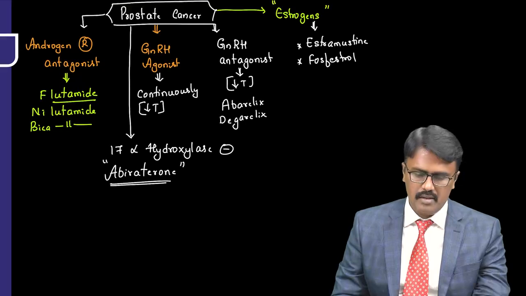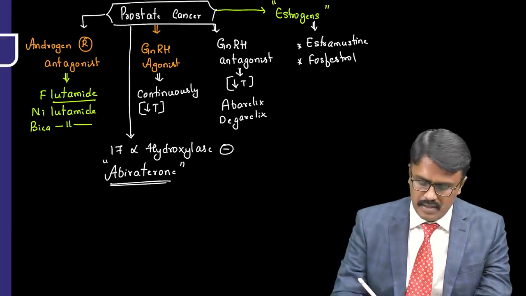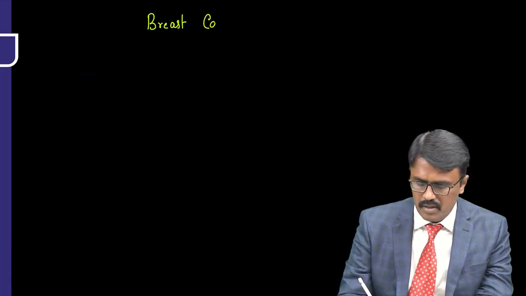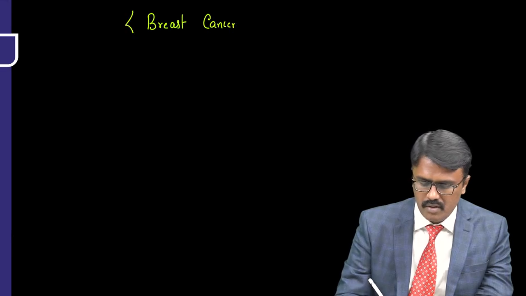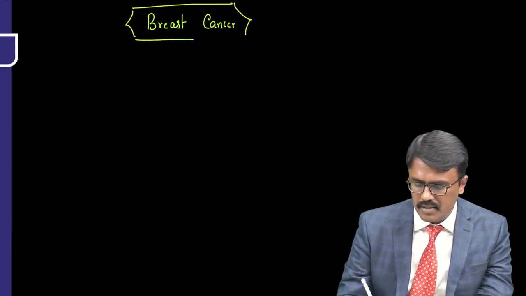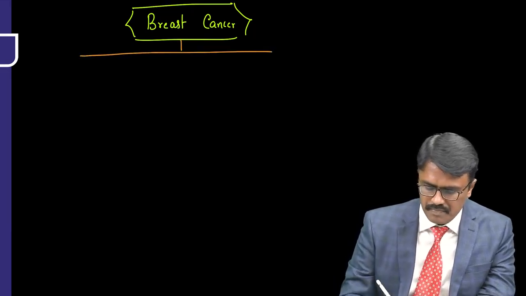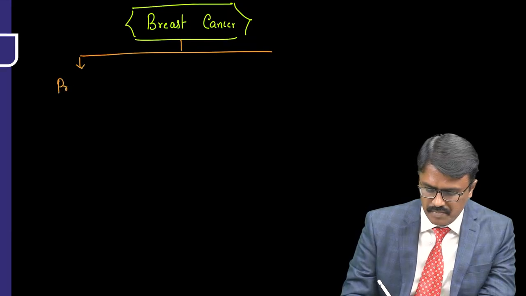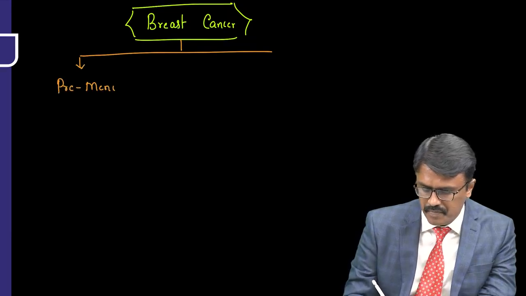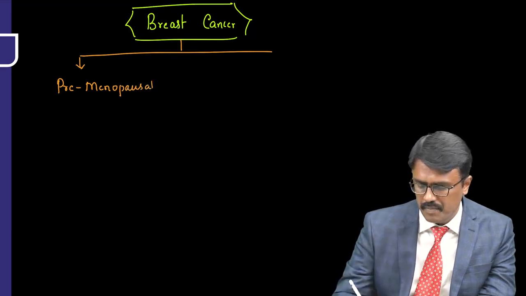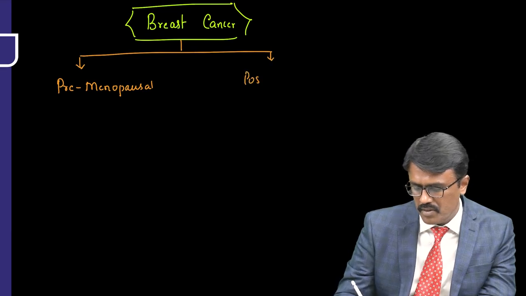Now moving on to another important cancer, breast cancer. What are the important hormonal agents you have to keep in mind when managing breast cancer? Breast cancer may be in a premenopausal woman, or it may be seen in post-menopausal women.